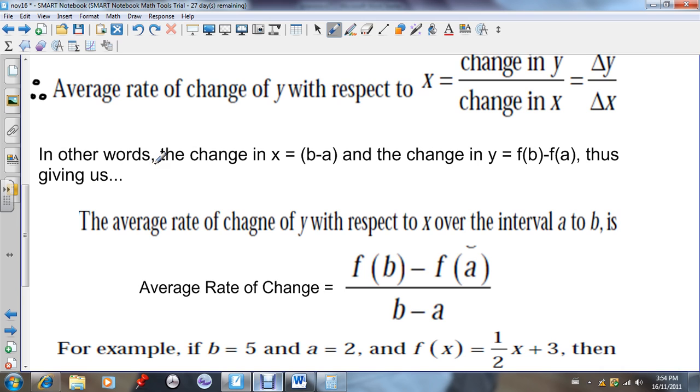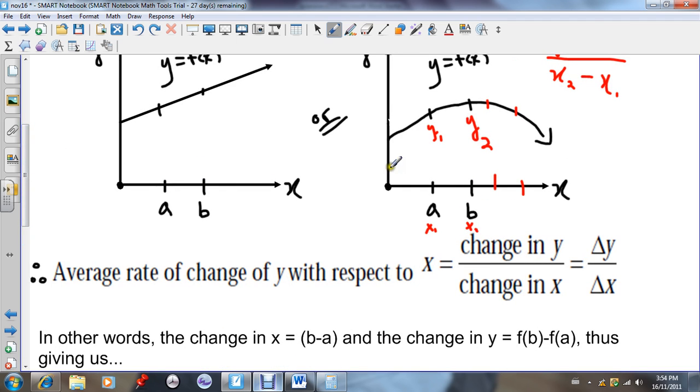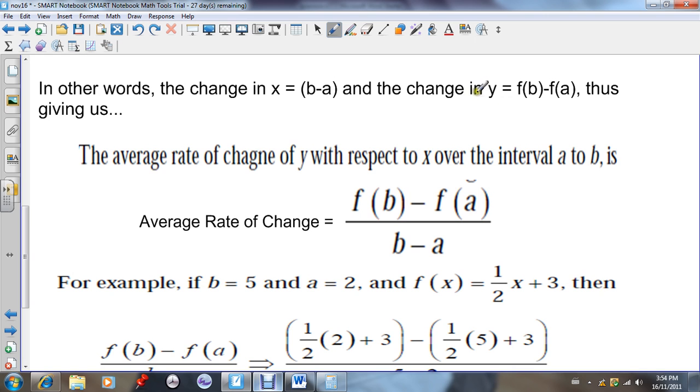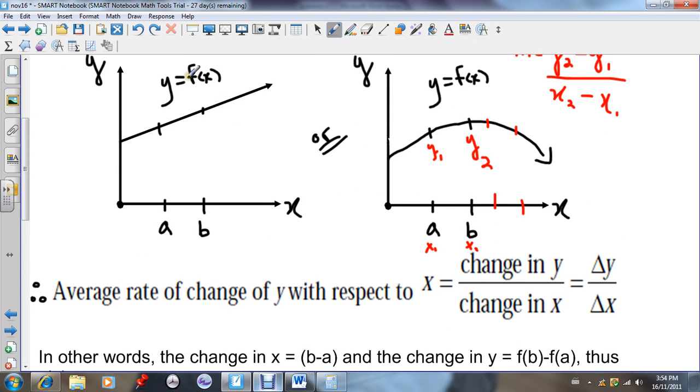In other words, the change in x is b minus a, over the interval here, and the change in y is the value of your function at point b, f of b, minus f of a, this point right here. So you're finding the amount here divided by the amount here.